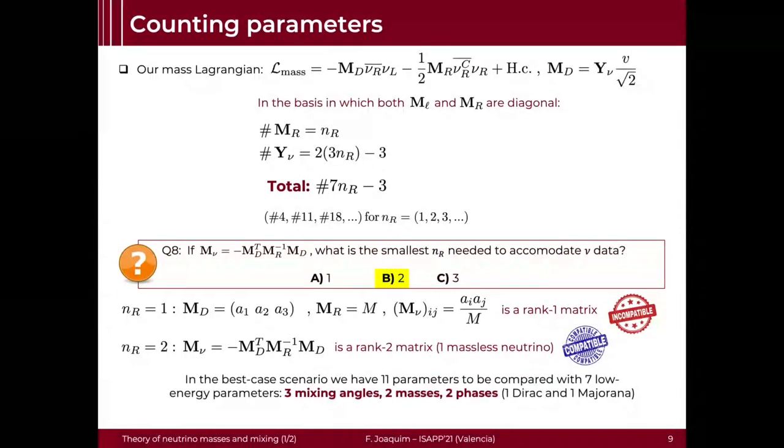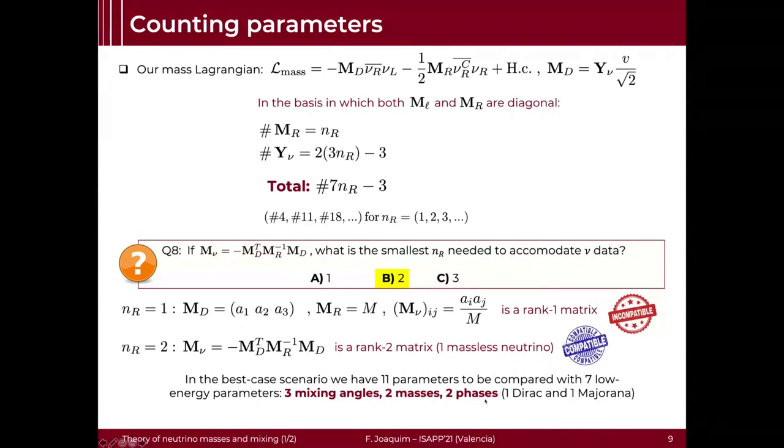And in this case, when you have two right-handed neutrinos, we have 11 parameters in the original Lagrangian. You see it here. So 7 times 2 minus 3, 11. And this is to be compared with 7 low energy parameters. So 3 mixing angles, 2 masses or 2 delta m squares, because in this case the number of delta m squares and the masses coincide, because one of the neutrinos is massless.